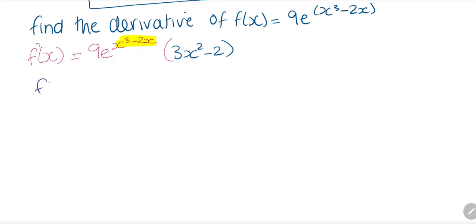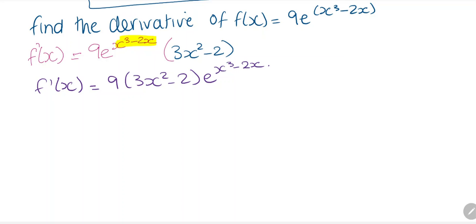So the derivative of f of x, we could write it as 9 times 3x squared minus 2 multiplied by e to the x cubed minus 2x. So either one of those. So let's have another one. Look at another one of those.